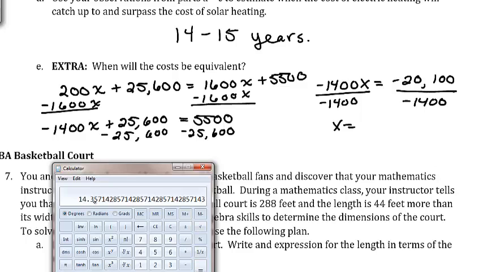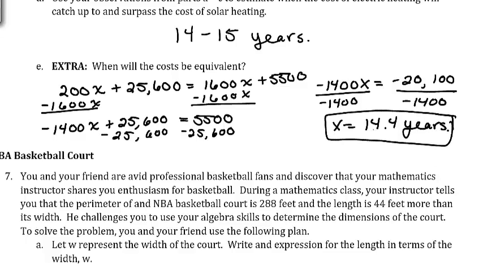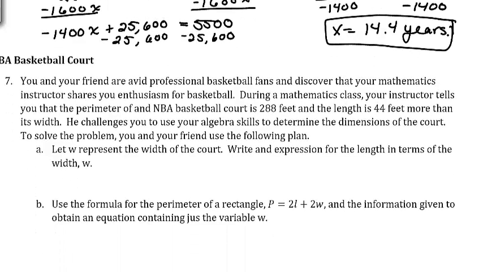And we get 14.357, so about 14.4 years. So somewhere between 14 and 15 years was a good estimate of when these were going to be equivalent.